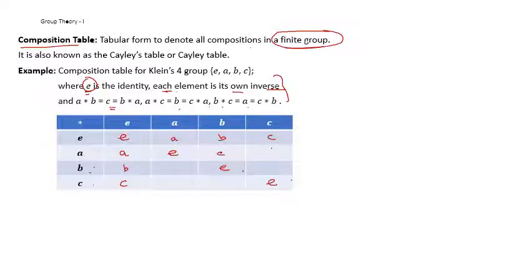A star C is given as B. Similarly, B star A is C, and B star C is A. C star A is B, and C star B is A. So this is what is known as a composition table. In this way we can show all the compositions of the group in a table. This is the complete composition of this group.